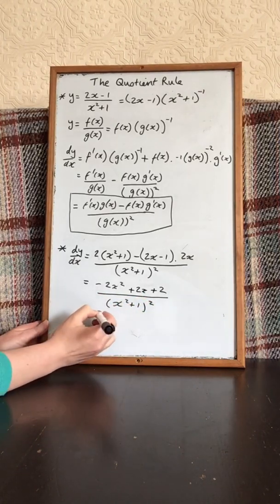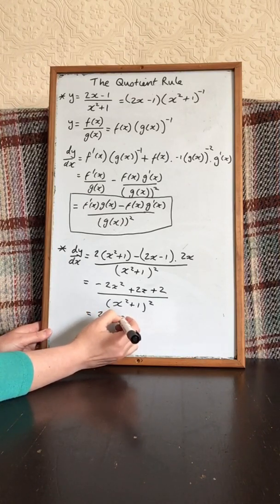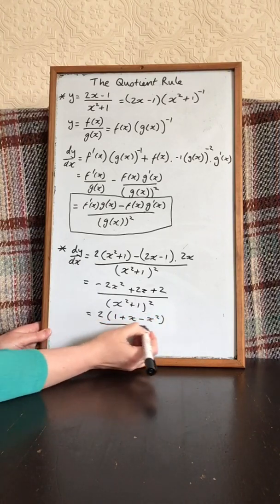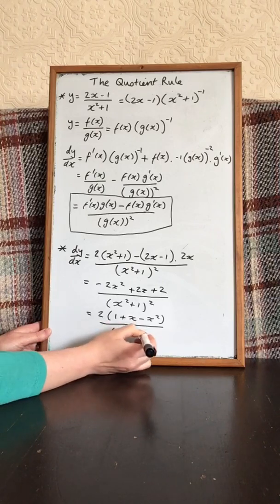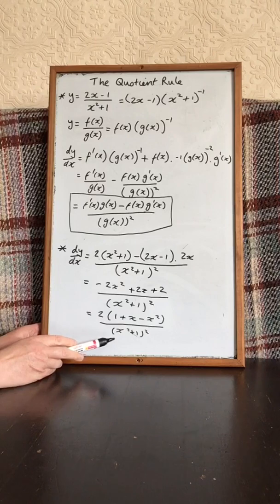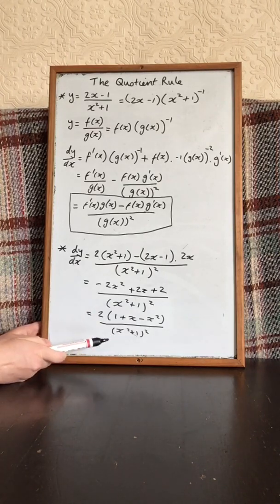Common factor of 2 if you like, swap it round, 1 plus x minus x squared over x squared plus 1 all squared. Don't usually multiply out the bottom line just because it's not going to be advantageous to us in any way, and we don't want to make mistakes, and to leave it in the fully factorised form.